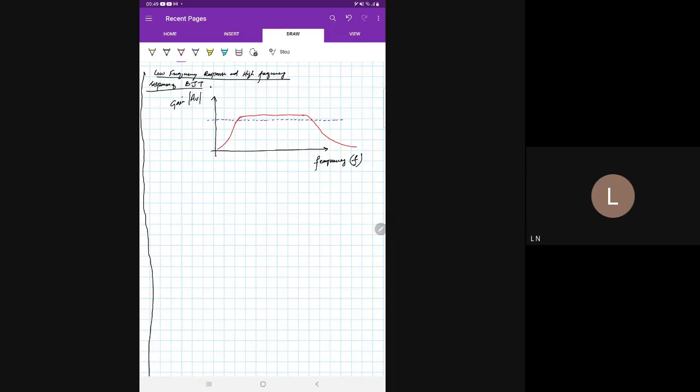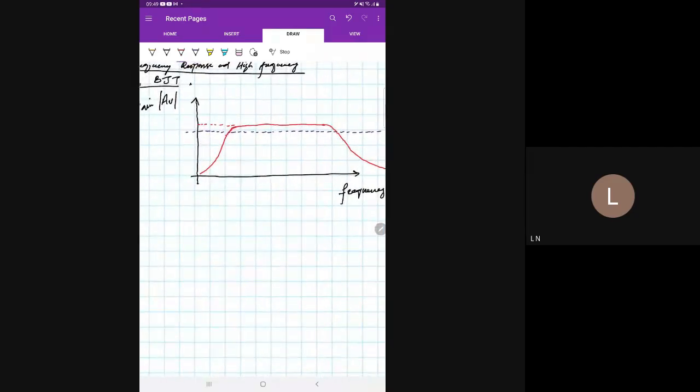In this gain versus frequency response, this is the maximum gain of the amplifier, and we mark it by A max, or we can say AV max, because it is voltage gain. So this is the maximum voltage gain.